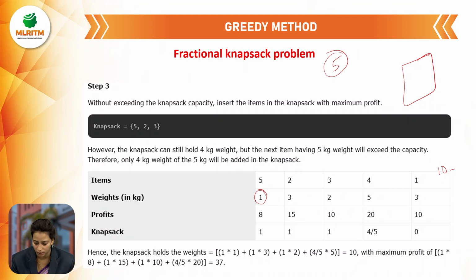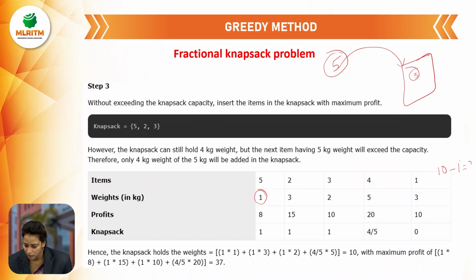What is the weight of first item? 1 kg. So our bag capacity is 10 kgs. Our item weight is 1 kg. So is 1 kg possible to load into the 10 kgs bag? Yes, it is possible. So first item 5 is placed into the knapsack bag.